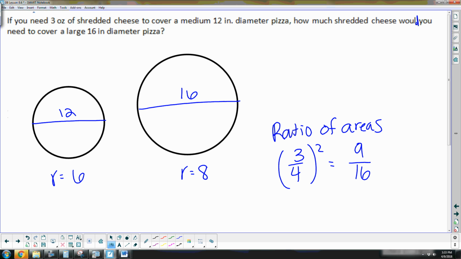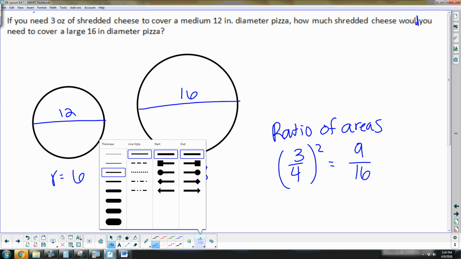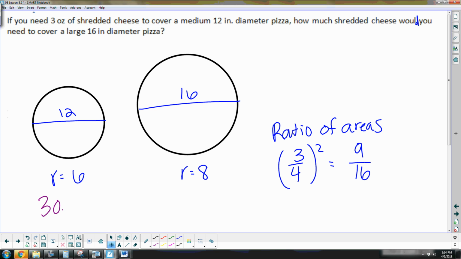Now we also know that in the first pizza, we needed 3 ounces of cheese to cover the first pizza. So how many ounces of cheese do we need to cover the second pizza? Well, if the ratio of their areas is 9 to 16, we can set up a proportion using ratio of areas compared to ounces of cheese.